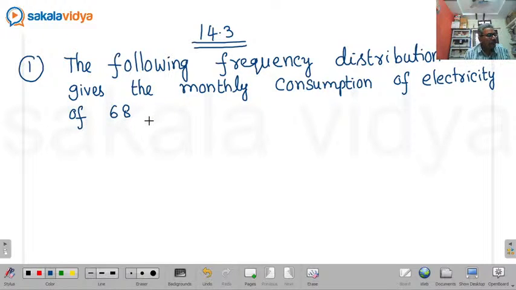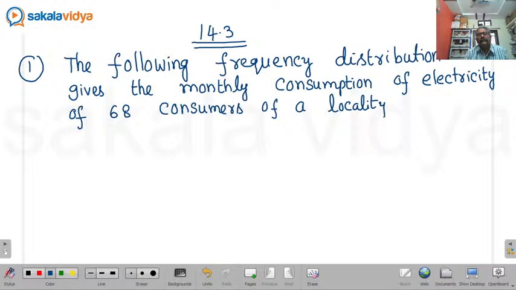68 consumers of a locality. That means area, locality.